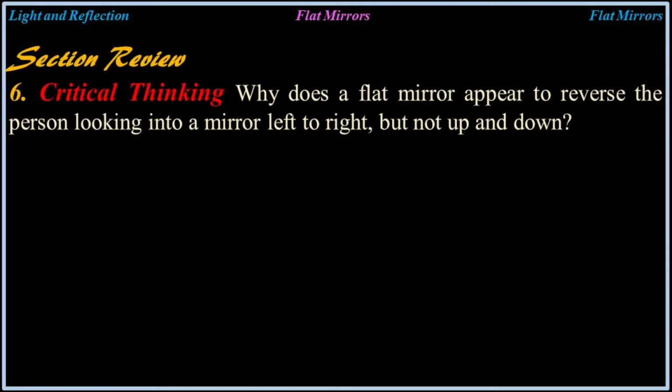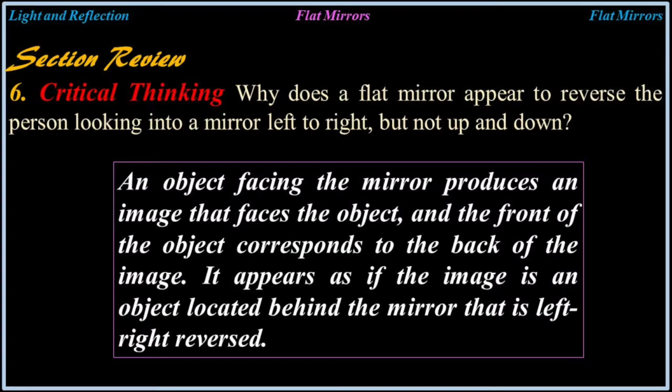Why does a flat mirror appear to reverse the person looking into a mirror left to right, but not up and down? An object facing the mirror produces an image that faces the object, and the front of the object corresponds to the back of the image. It appears as if the image is an object located behind the mirror, that is, left-right reversed.